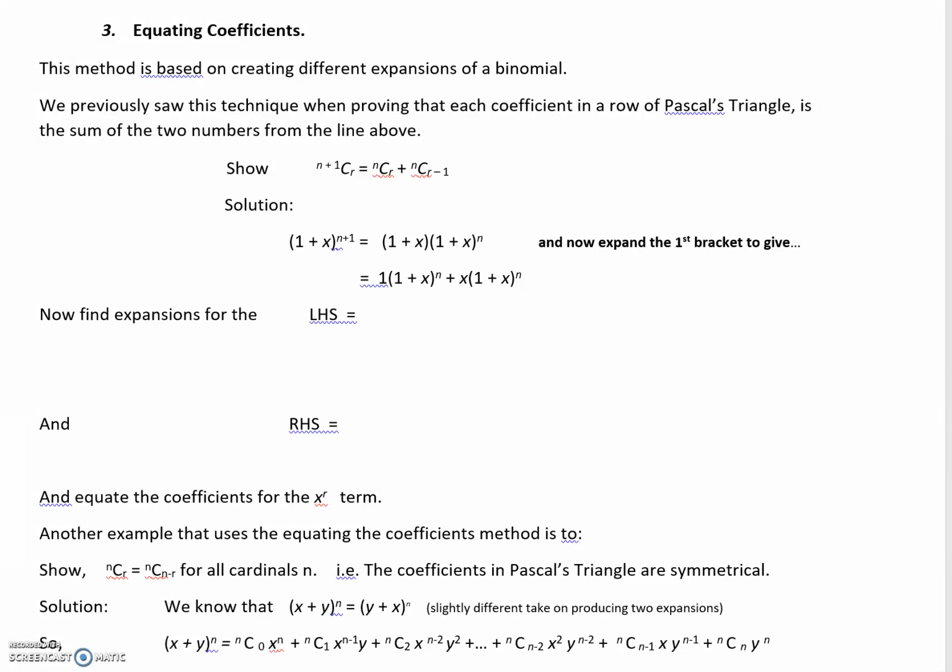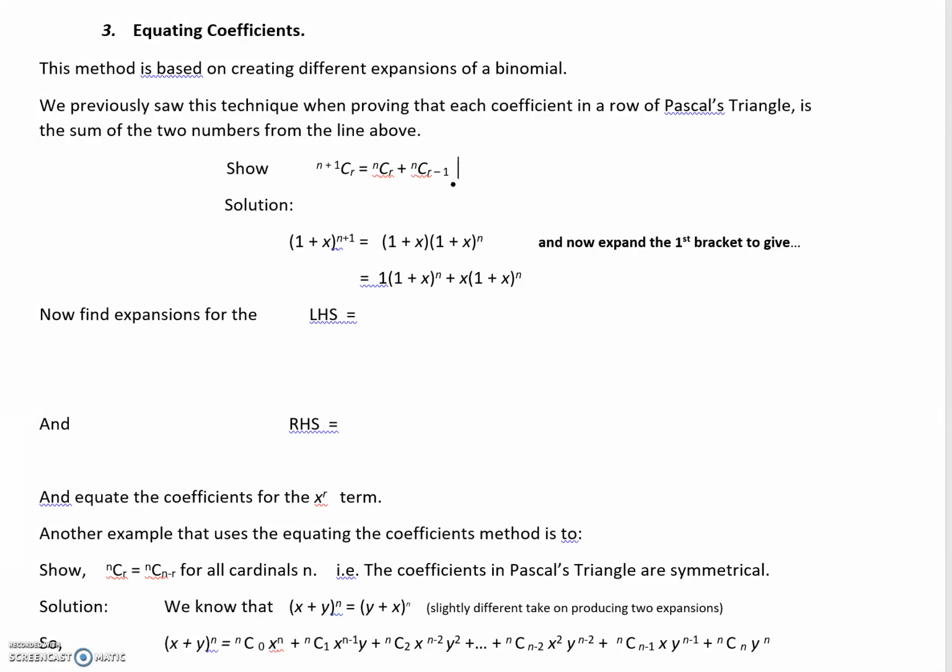So if we look at this identity, for example, we're instructed to show that n plus 1 CR is equal to NCR plus NCR minus 1.